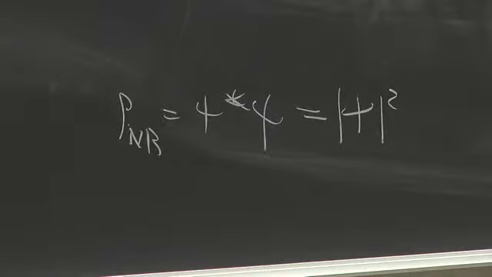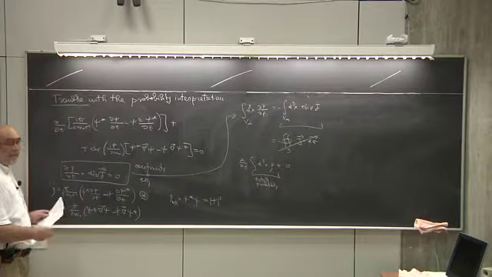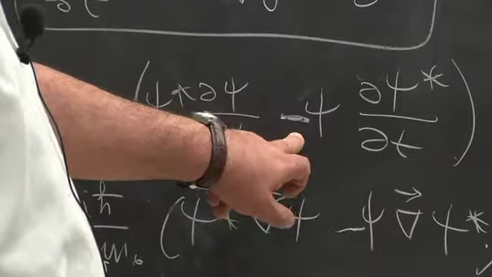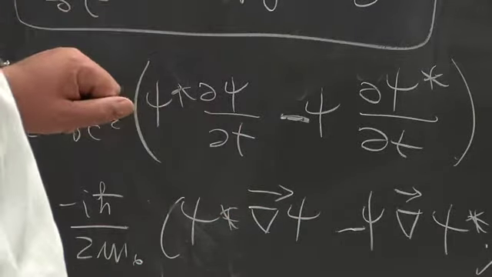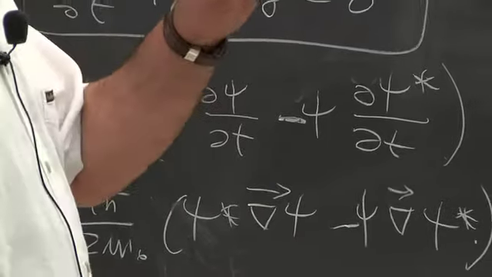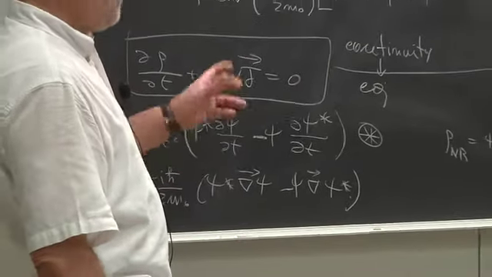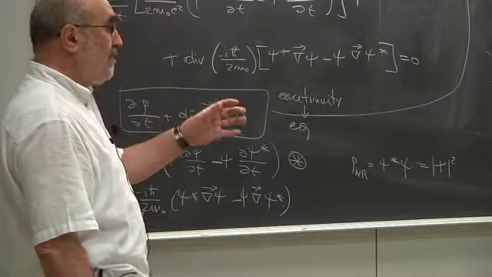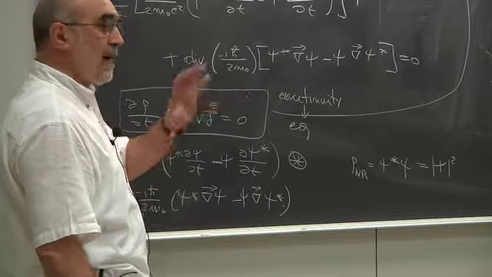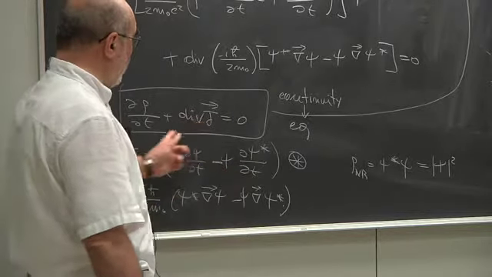But here there is this minus sign. Not only is there this minus sign, you see it is a second-order equation, the Klein-Gordon equation. So you have to specify the value of the wave function and the value of the derivative, as you like, at the initial time. That means those two, the wave function and the derivative, are arbitrary. If they are arbitrary, I can cook up things so that this quantity is negative.